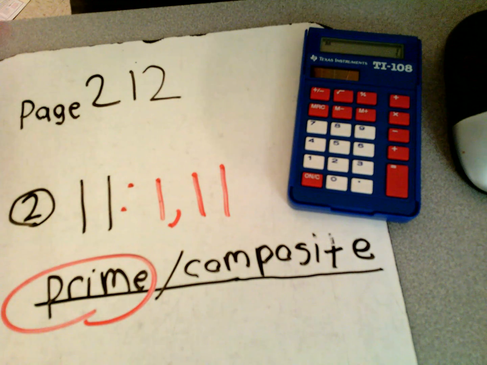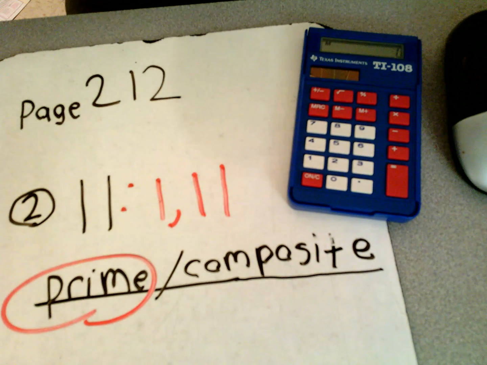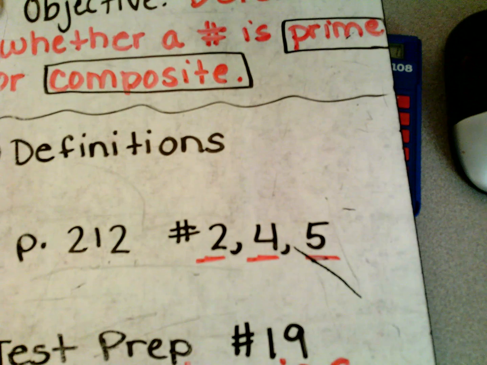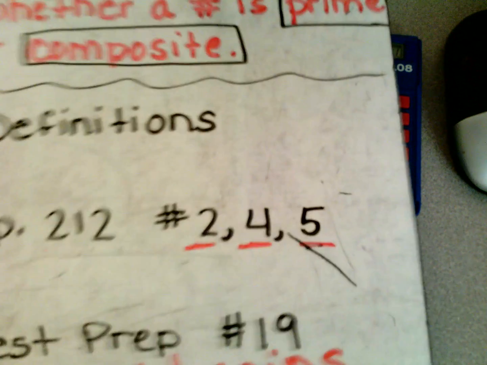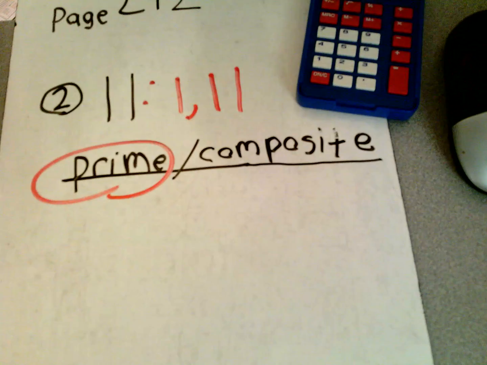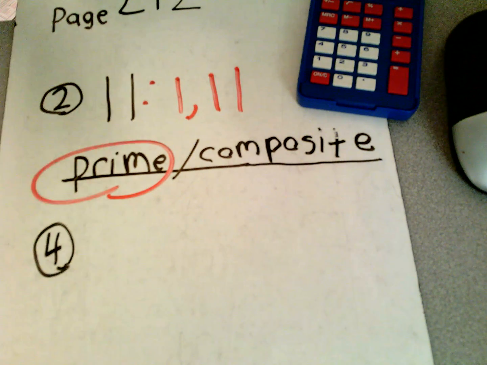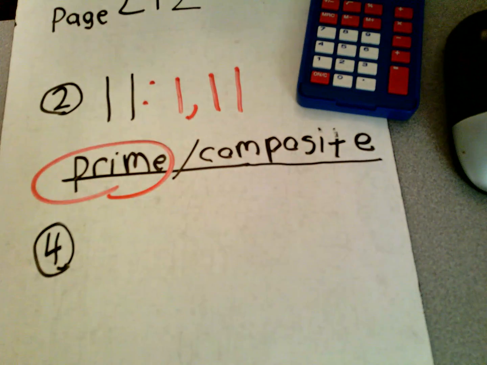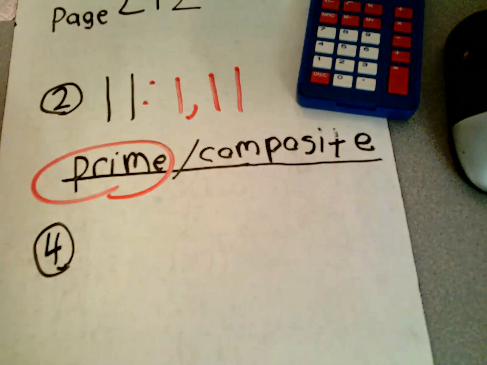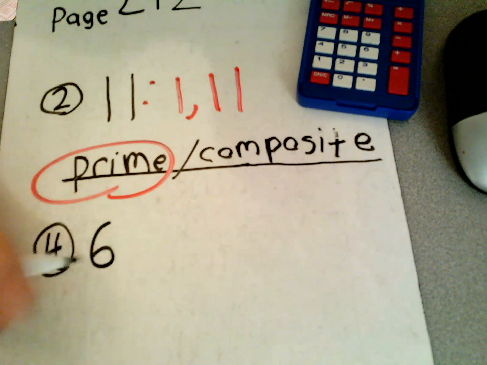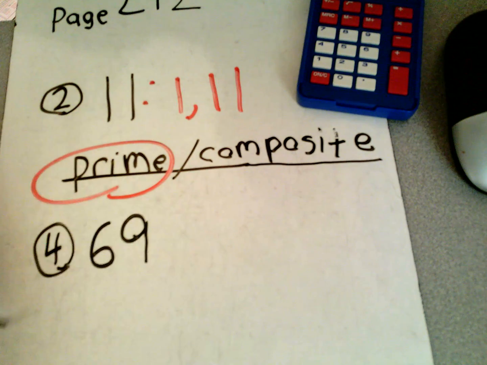Now you're going to do the same thing that we just did for numbers 4 and 5. I'll also write those problems on the board so that you can pause and make sure that you're doing the right one. So if we look at number 4, I'm putting a circle around it so I don't confuse the 4 with the other number. Number 4 is 69.